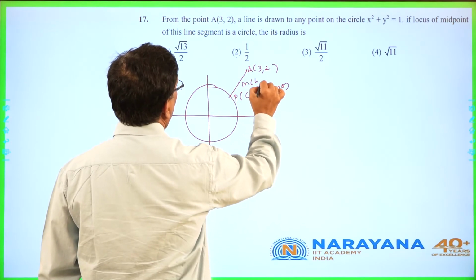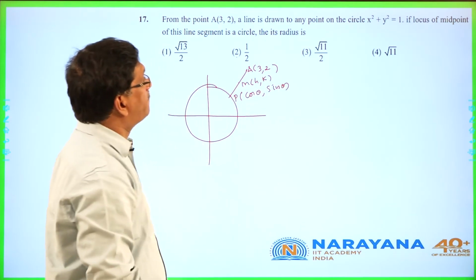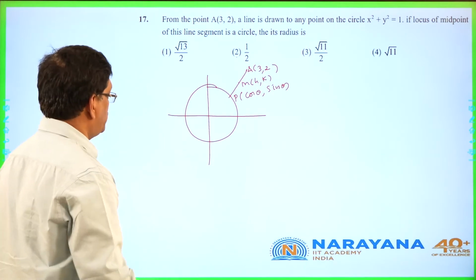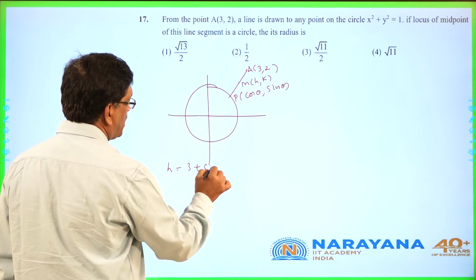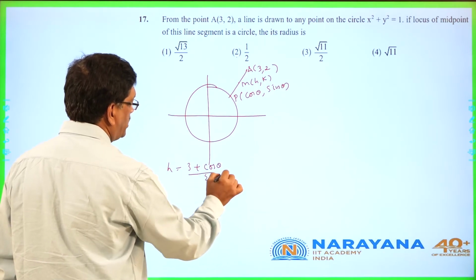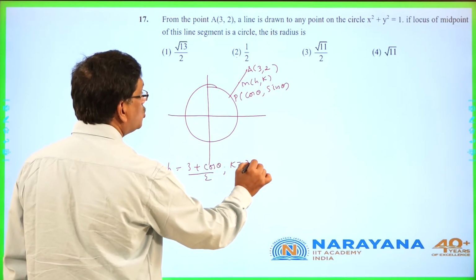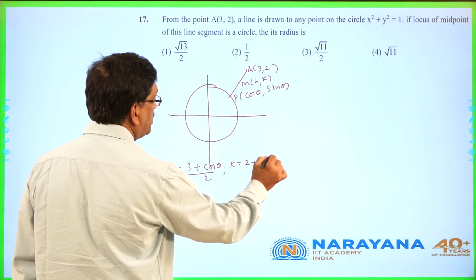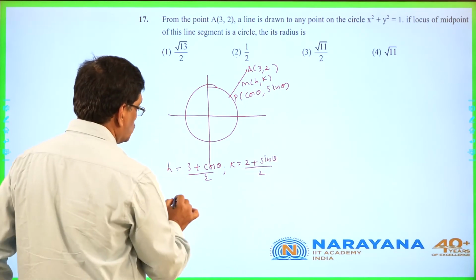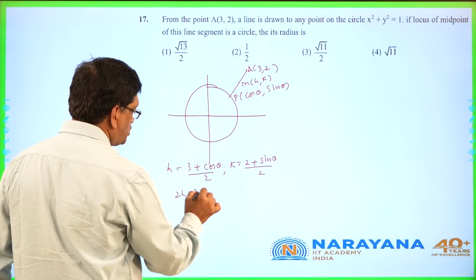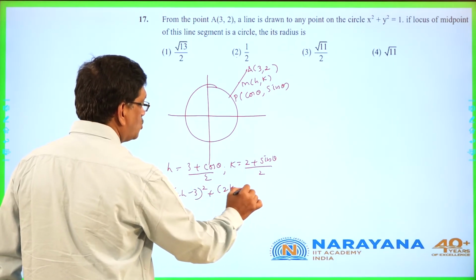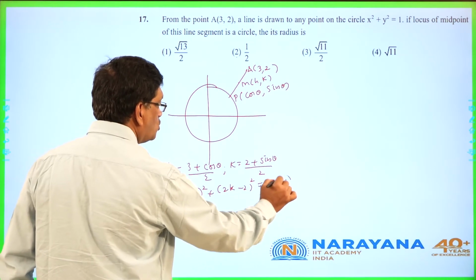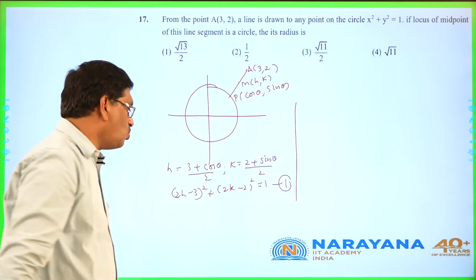So midpoint h comma k. Locus of the midpoint. So h is (3 plus cos theta) by 2, k is (2 plus sin theta) by 2. That is (2h minus 3) whole square plus (2k minus 2) whole square is equal to 1.